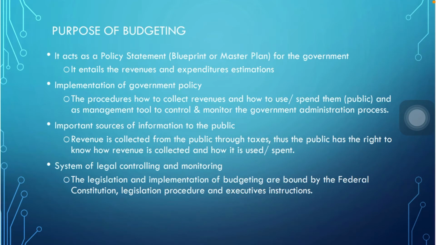Now we look into what the purposes of budgeting are. The first purpose is that budgeting acts as a policy statement for the government. So in the budget there should be a revenue and also expenditure estimation, or we call it projection. There must be an estimate, a measure of expenditure and also revenue for future reference.